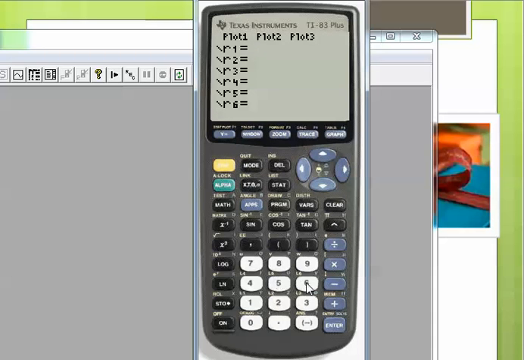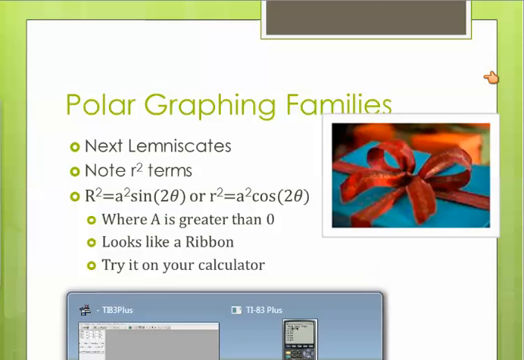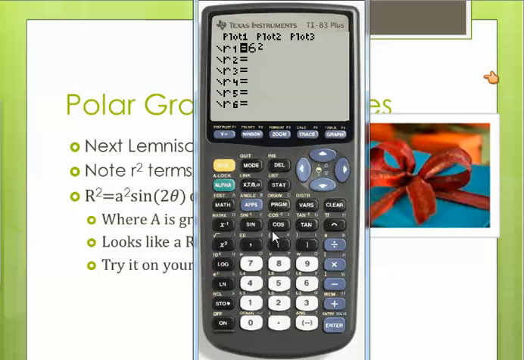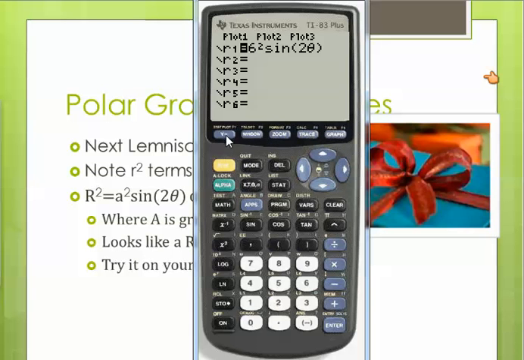And I'm going to go into y equals, and I'm going to say 6 squared. Okay? Make certain I know what I'm talking about here. I'm going to do 6 squared sine 2 theta parenthesis, and I'm going to hit graph. Oops, you know what I forgot there? I even said it. It's a square root function.